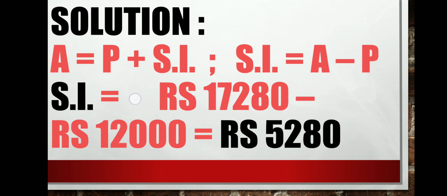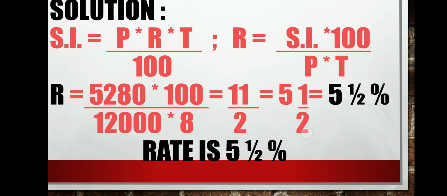See, what are the things given to calculate simple interest? Amount and principal given. So what we'll do, we'll subtract principal from amount to get SI, that is simple interest. So 12,000, that is principal, is subtracted from 17,280 and we get 5,280 as SI. Now we'll put this value into the formula to find out the rate of interest.